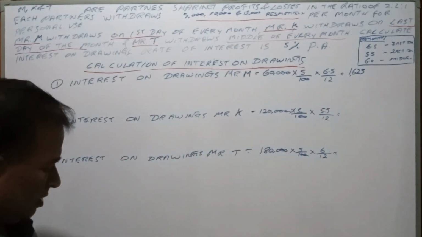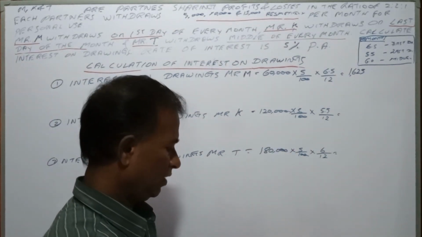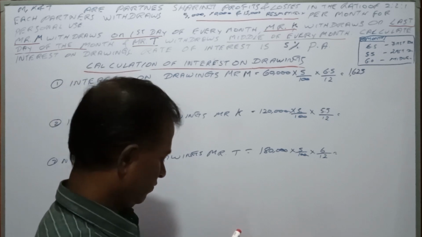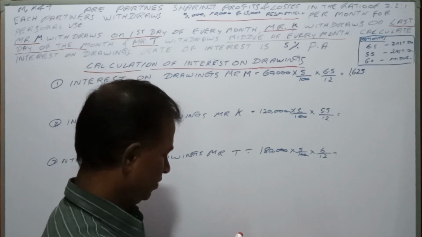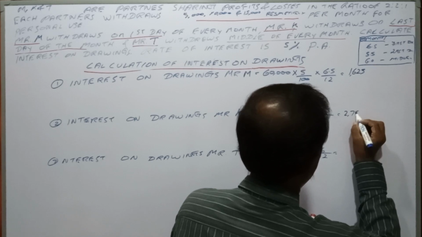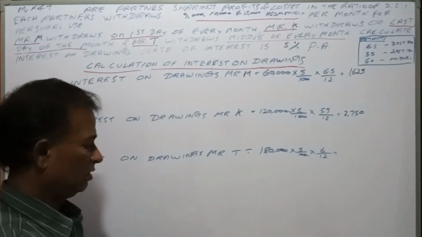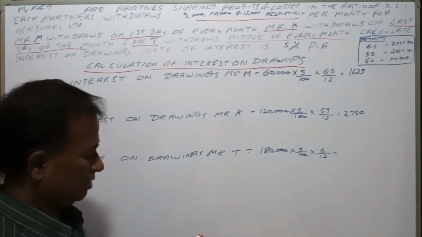Like that 1,200 into 5, into 5.5, divided by 12. This is 2,750, right? 2,750.